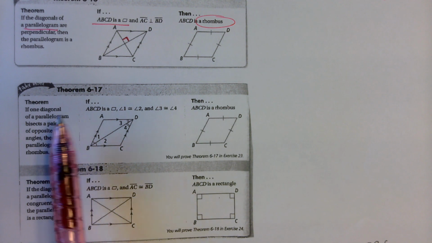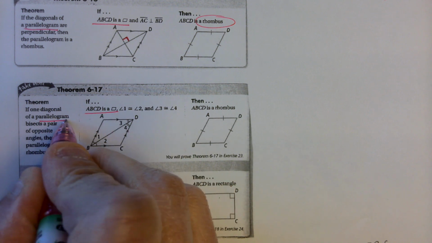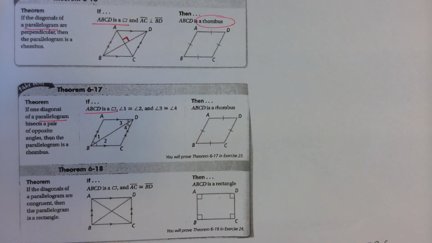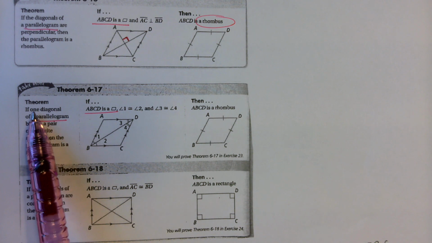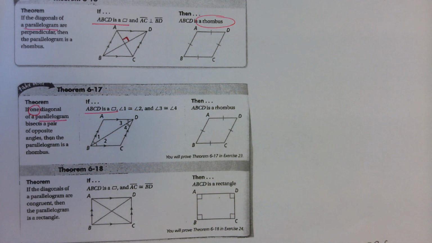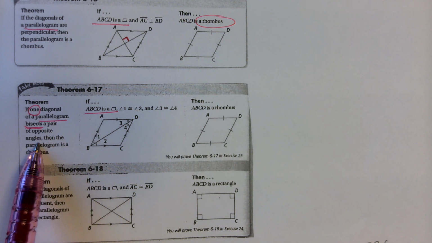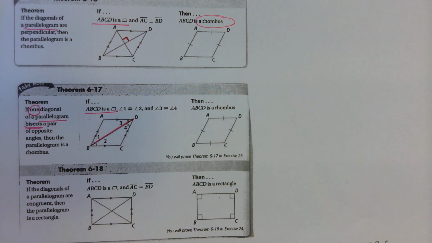Oh well. So again, we're talking about a parallelogram. But in this situation, they don't talk about the diagonals being perpendicular. What do they say? One diagonal. They're only referencing one diagonal. Bisects. What does bisect mean? To cut in half. A pair of opposite angles. So there's your one diagonal.